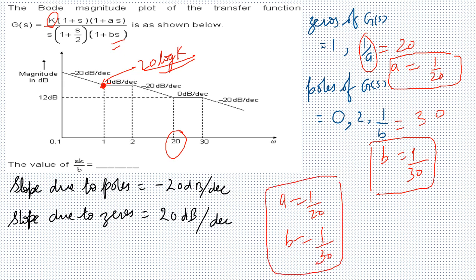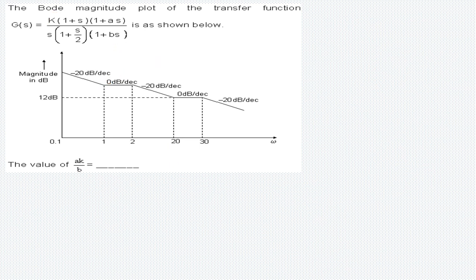Now the only value we have to find is the value of K. You can notice that at 20 radians per second we have been given 12 dB as the magnitude. Let us first see what plus 20 dB per decade means.